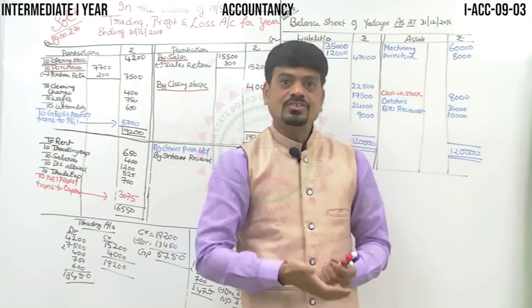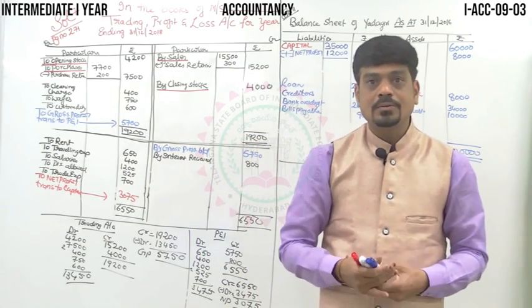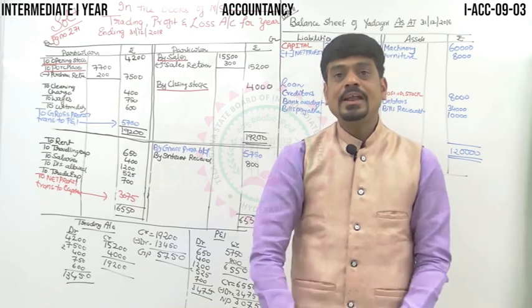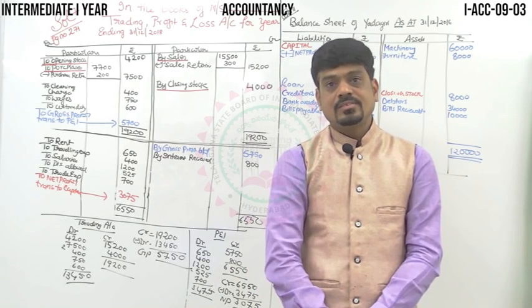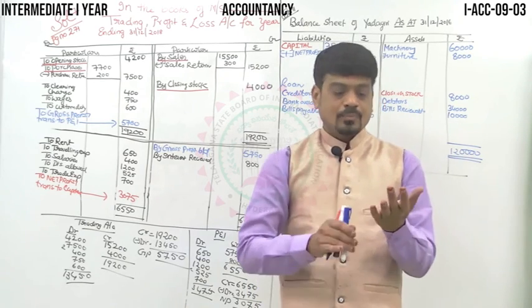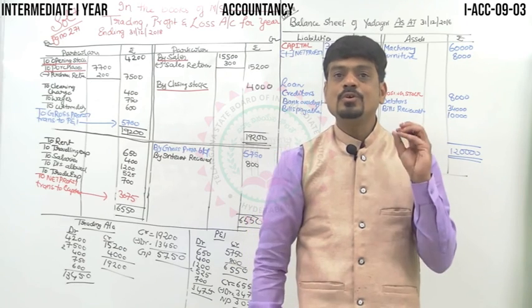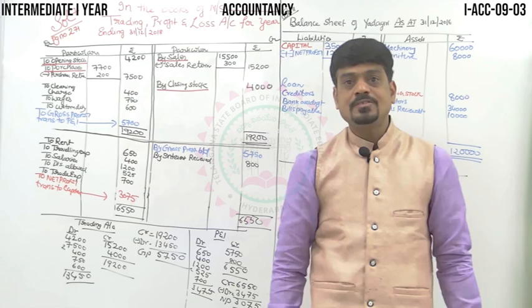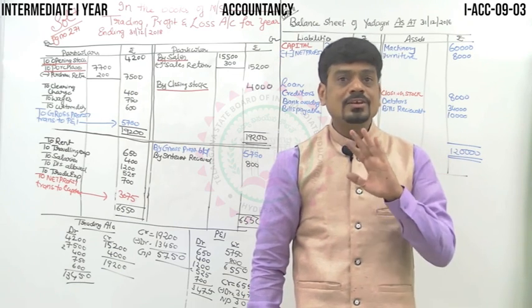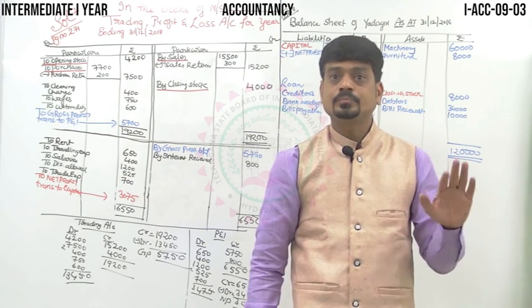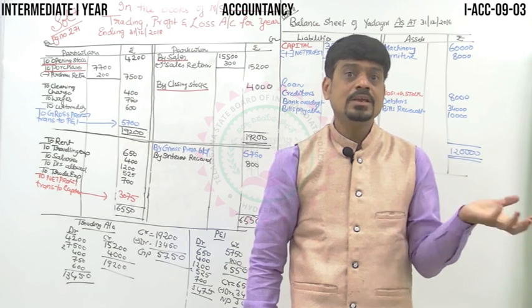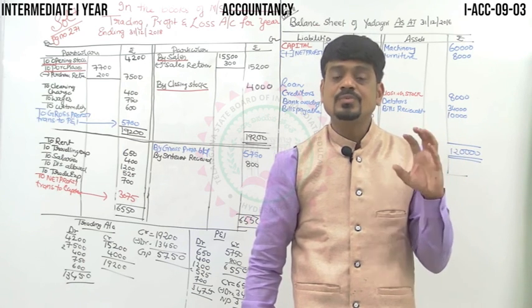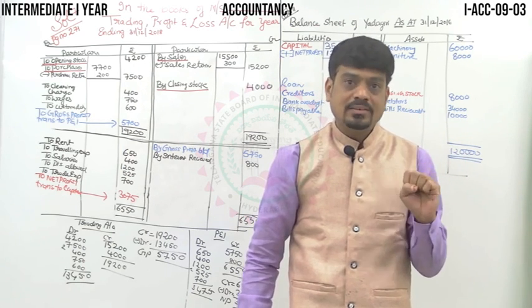So in the next session, I'm going to discuss with you all the different adjustments. For your exam, for this year, they gave you only 5 adjustments. But altogether about 12 to 15 adjustments we have. No doubt, we'll discuss all the adjustments, but our focus will be on those 5 adjustments which are likely to come for your exam.